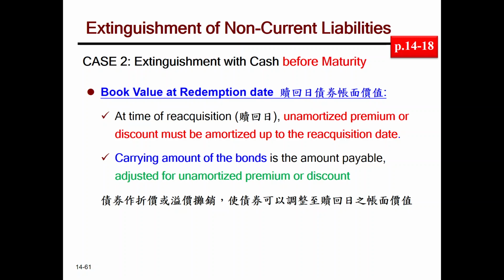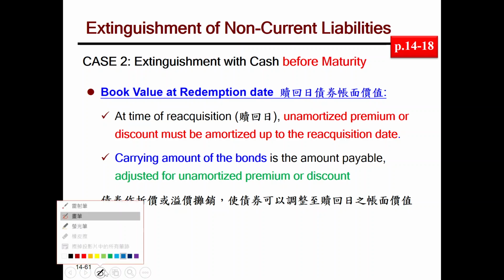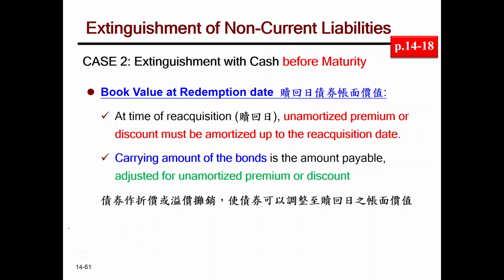No problem? After that, this is the first number you should find out. So don't forget, this is the first number you should find out when we want to recall the situation. If you don't know the book value, you don't know how much your liability decreases. So at the redemption date, this is the first number you should find out.